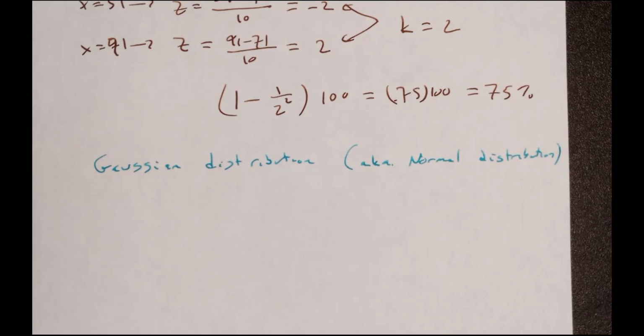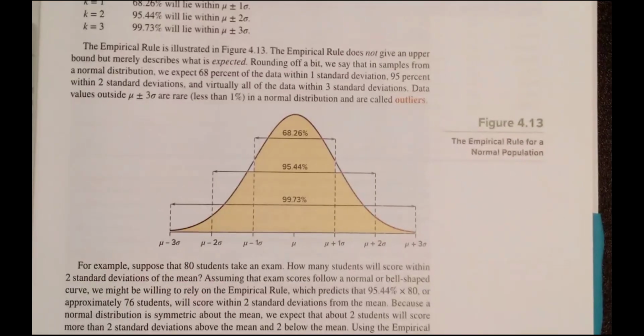I've forgotten the year, 1800 somewhere. He started noticing when he took samples over and over and over that the pattern looked very similar to a particular histogram. And the more samples he took, the more often he saw this picture. And he came up with a formula for this picture.